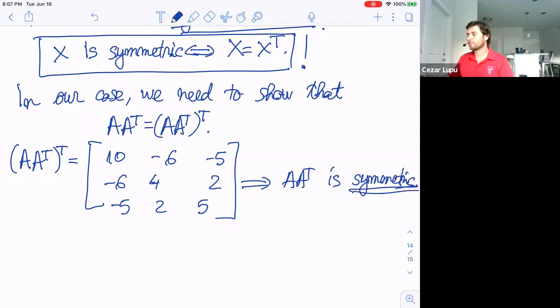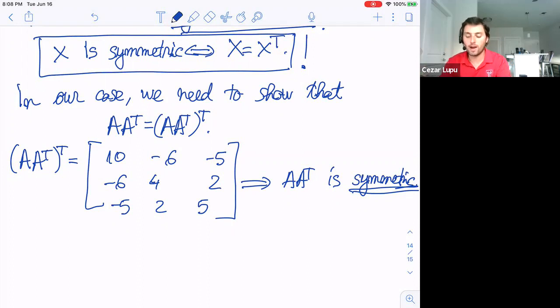Now, we've talked about the transpose of a matrix. We've talked about the null matrix and the identity matrix. We have seen that in general the multiplication of matrices is associative, but not always commutative.